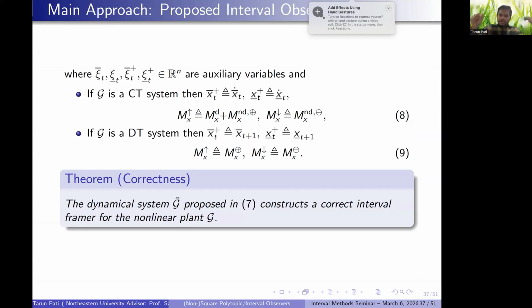For the continuous case, we first split into diagonal components and non-diagonal components, and the non-diagonal components we further split into positive and negative components, and use those splits to construct our interval observer. We do that because this type of construction guarantees, by design, that our interval observer is correct.